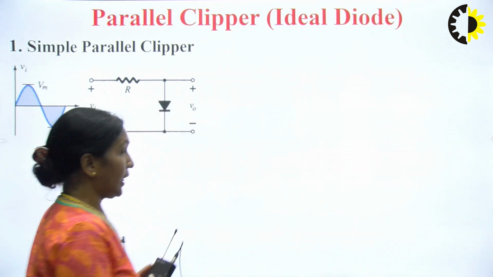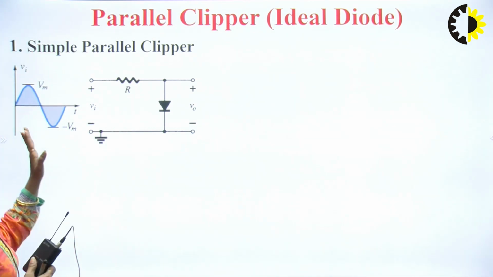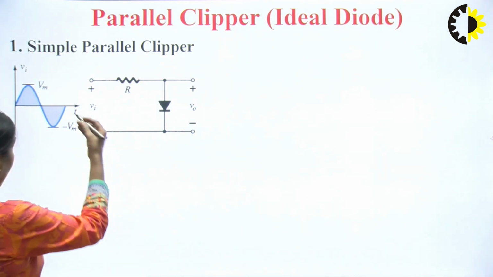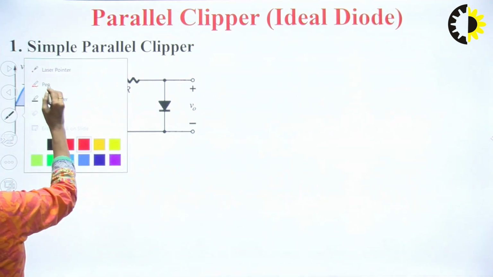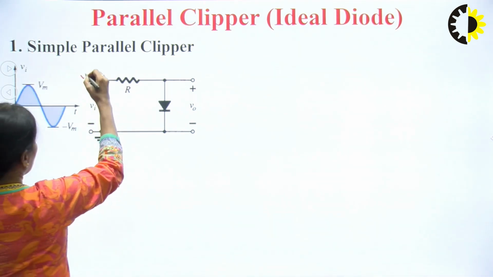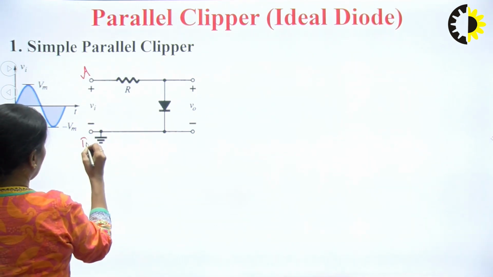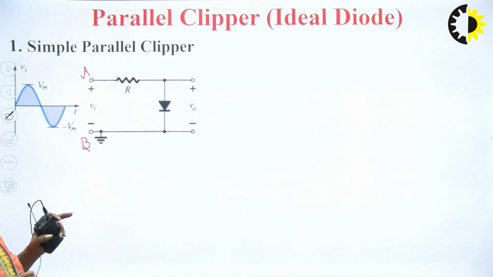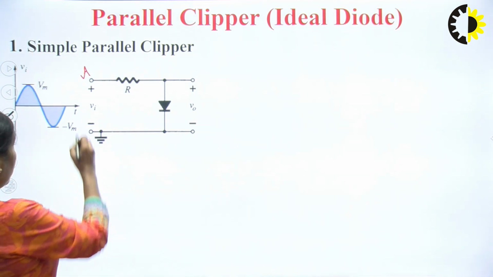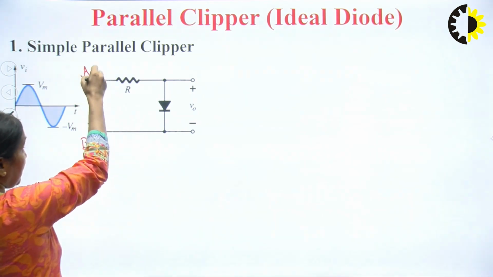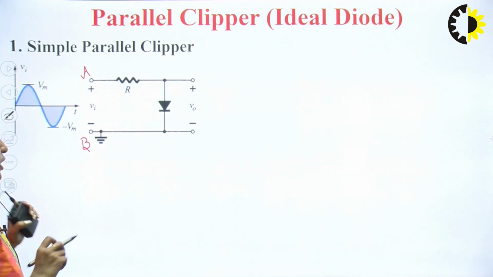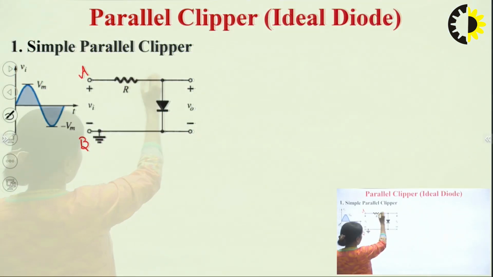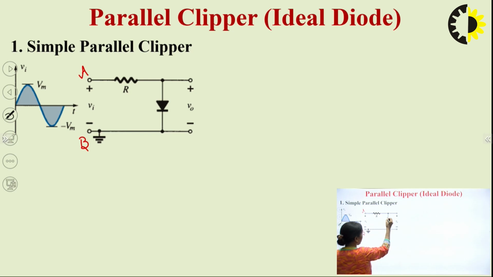Here you can see that during the positive half cycle, let me mark this terminal as terminal A and this as terminal B. For the first half cycle, terminal A will be at positive potential and B will be at negative potential. So this will make your diode forward bias.